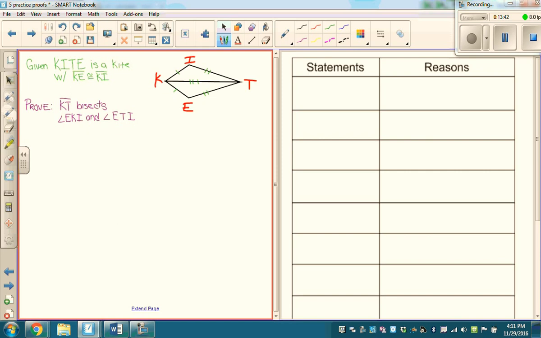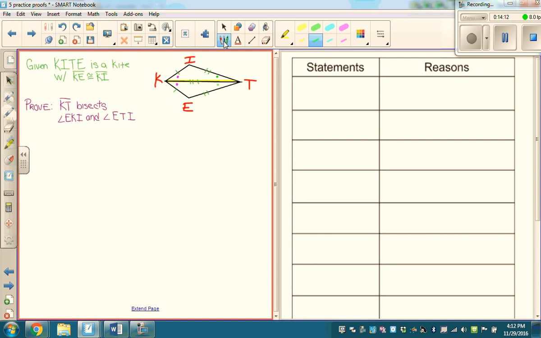And we want to prove in the end that this segment KT bisects angle EKI into two congruent parts and angle ETI into two congruent parts. So we're trying to show like the little purple angles are equal and the green angles are equal.